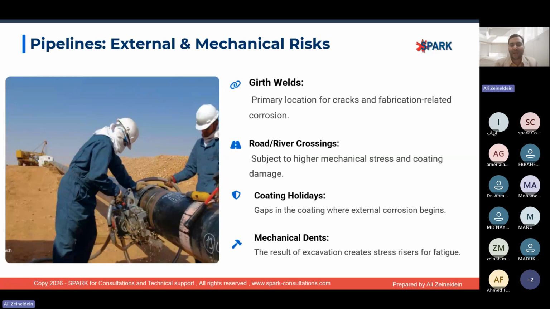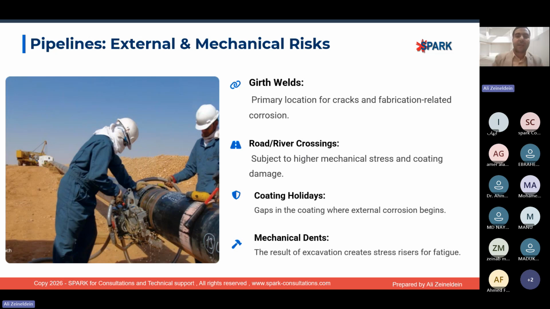Here also for the pipeline. We discussed some scenarios related to the piping system and pressure vessels and the most common susceptible areas in storage tanks. And now we are talking about pipeline external and mechanical risks.